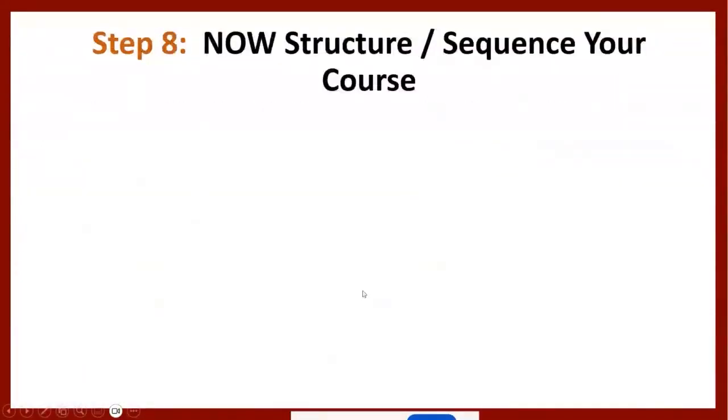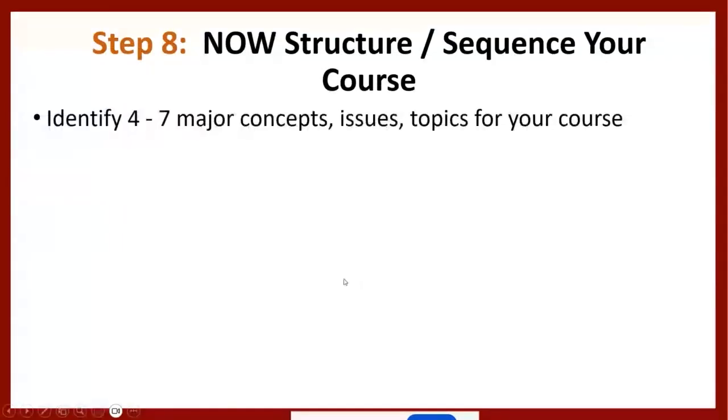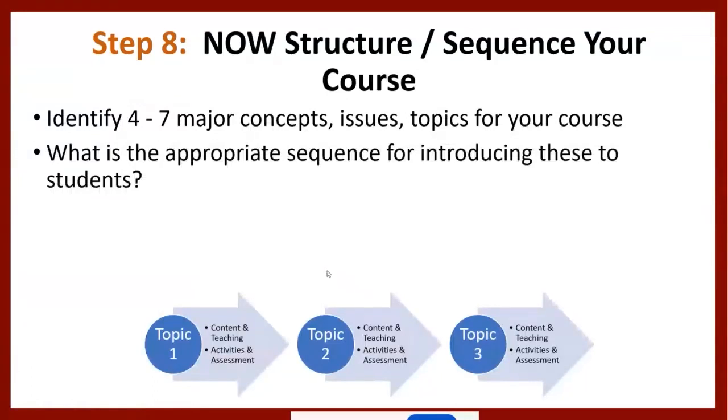All right, now we get to structure the course, sequencing the course. If you can identify major concepts or topics, general overarching topics, think about how to make sure that the students are going through the thinking process and skill development in the correct order. What was the first thing that they need to do?